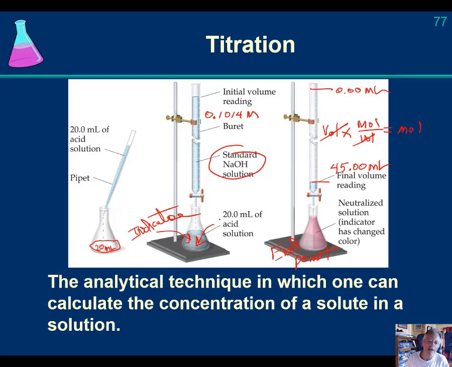That tells us how many moles there were at the start of the titration of, let's say, our unknown acid, our unknown base, or whatever it is we're titrating. And from that and the volume that we started with, we can compute the concentration. And that's how a titration works.